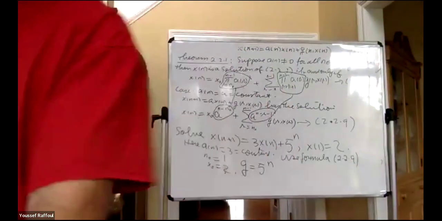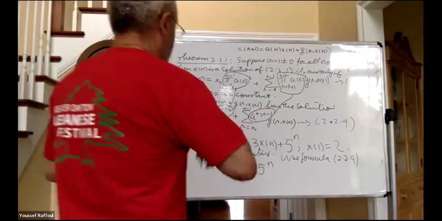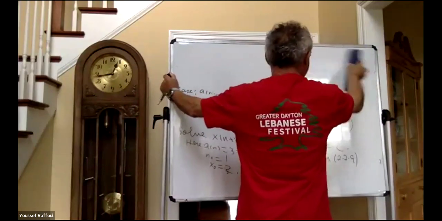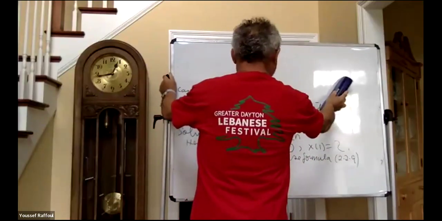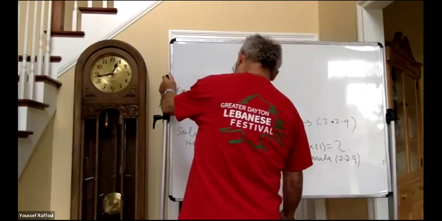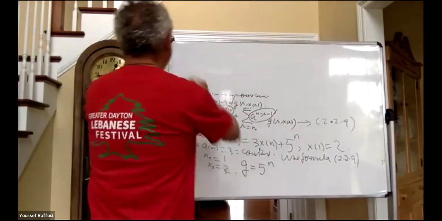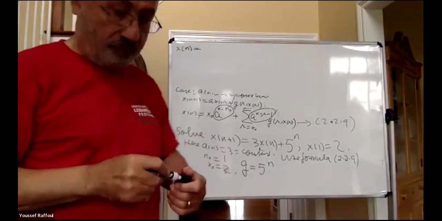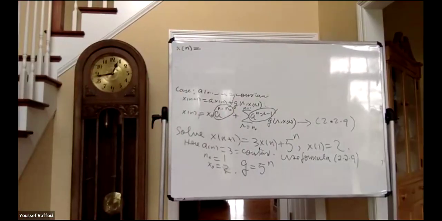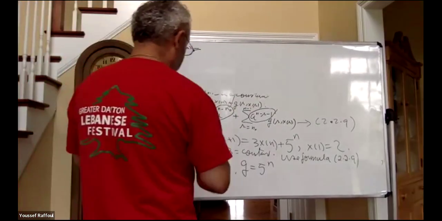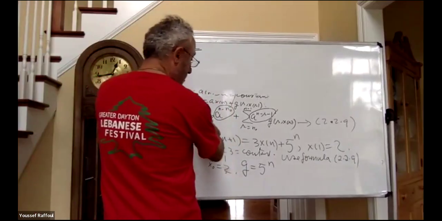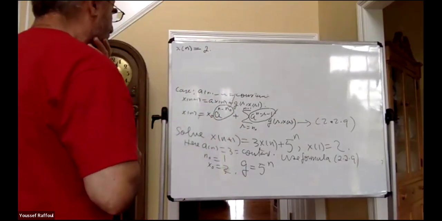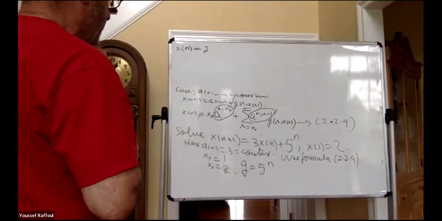I just wanted you to do the setup. So let's do it here. Keep the theorem here. Okay, so xn equal to x naught. We said x naught is 2 times a to power n minus n naught.